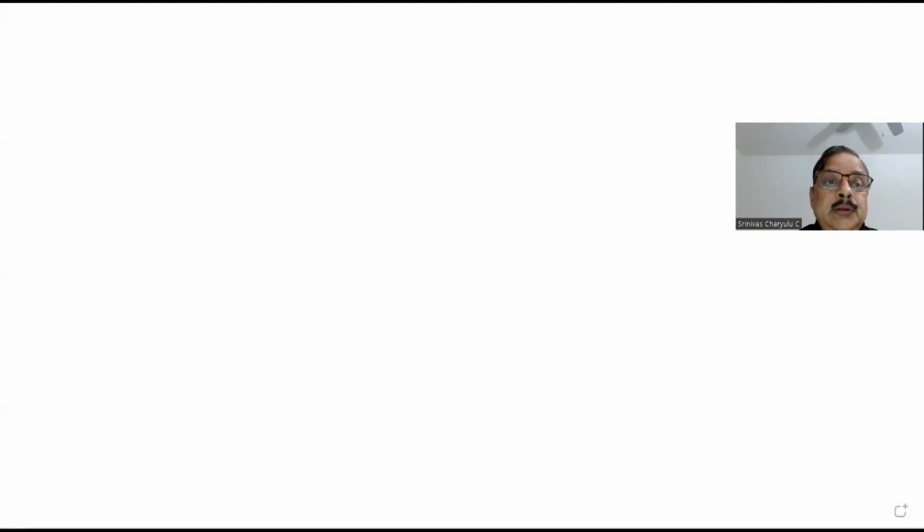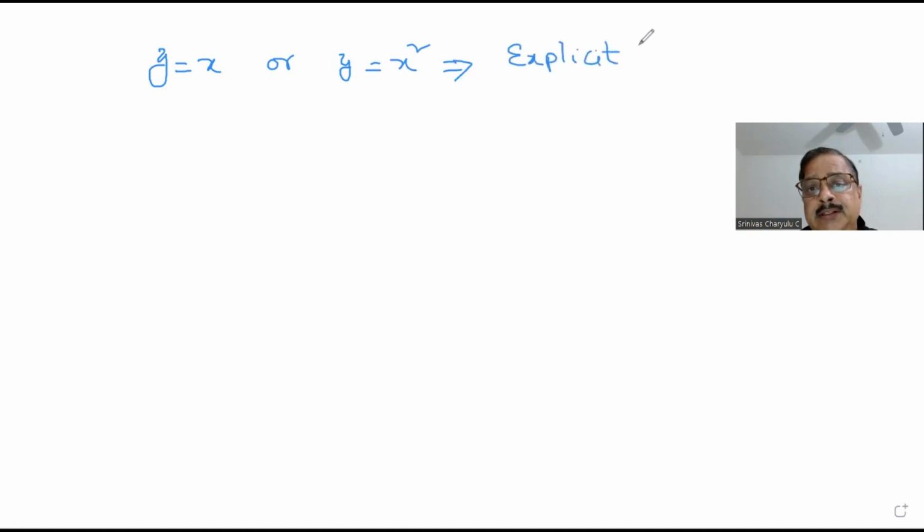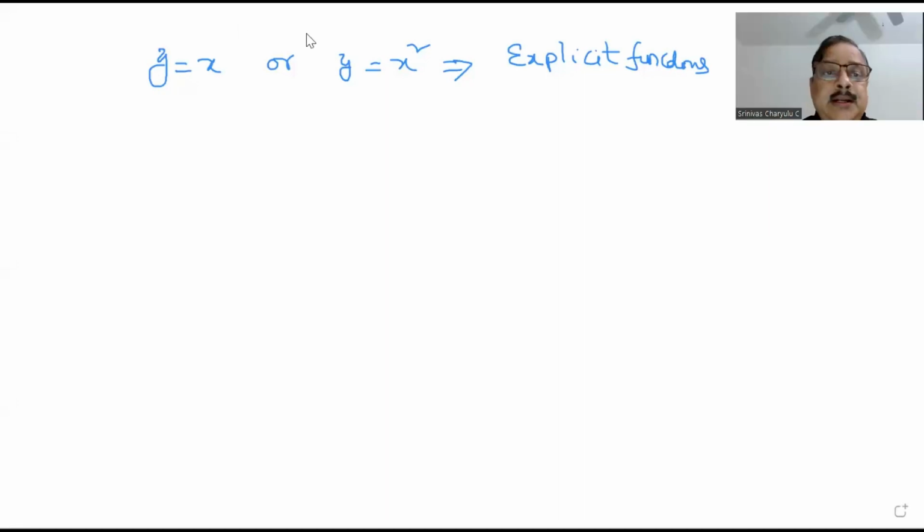Now in the case of functions where there is a direct relation, like y is equal to x or y is equal to x square, we know these very well; these are explicit functions. Here there is no confusion at all because we are able to straight away understand that there is a direct link.